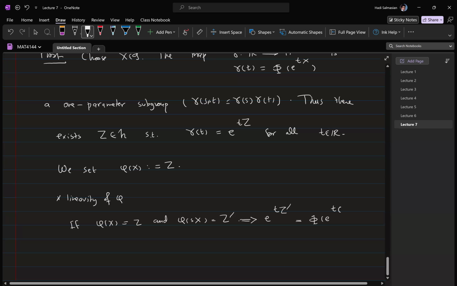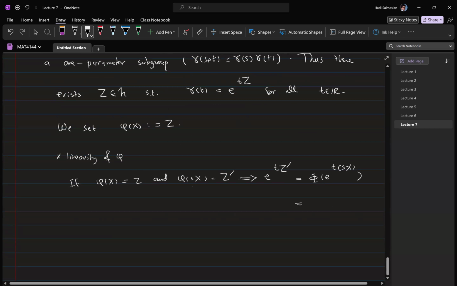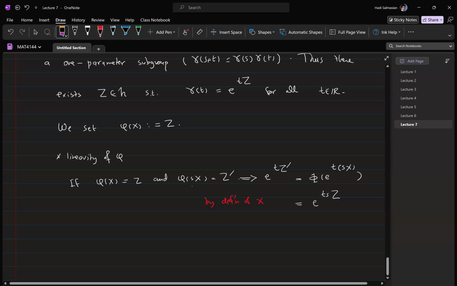It's the thing that maps under phi, right? But this is phi of e to the ts times x, and by the property of z, this should be e to the power tsz. This is by definition of z.